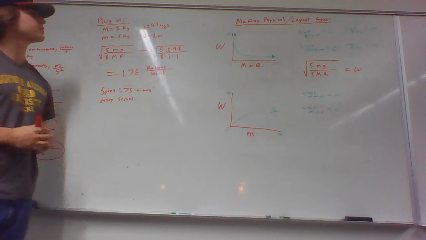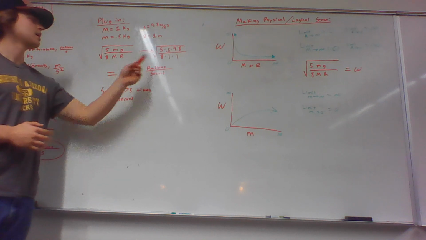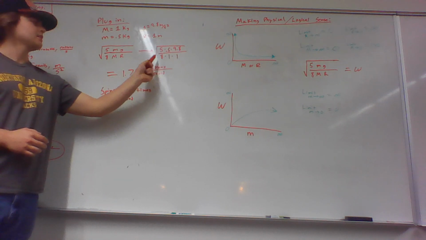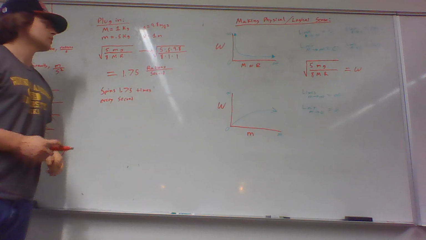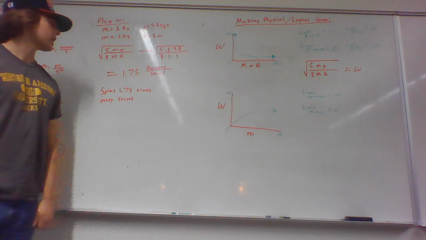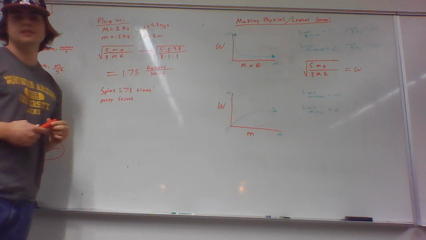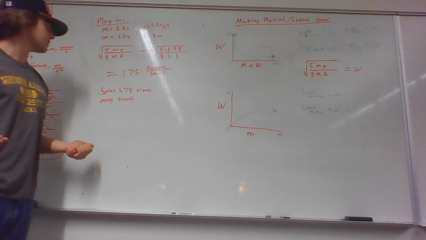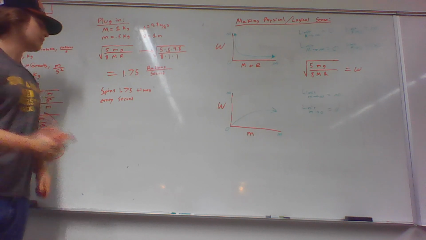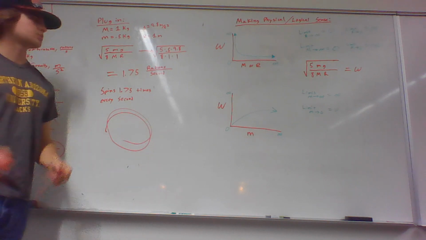That will be 5 times 1/2 times 9.8 divided by 8 times 1 times 1. That just gives us divided by 8. We did all this on our calculator, which gave us 1.75 radians per second. Basically, this means that every second, the turntable will spin around 1.7 times.